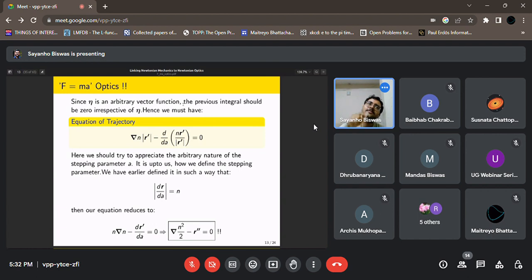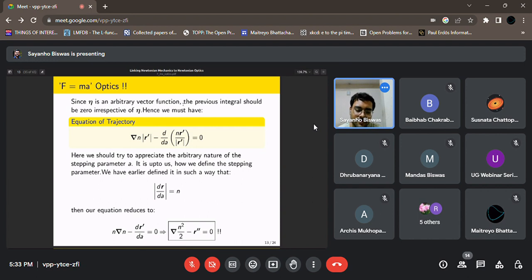Like if you have the vector r dot product with r dot, that is dr/dt, then we can write it as d/dt of mod r squared by 2, that means r dot r by 2.